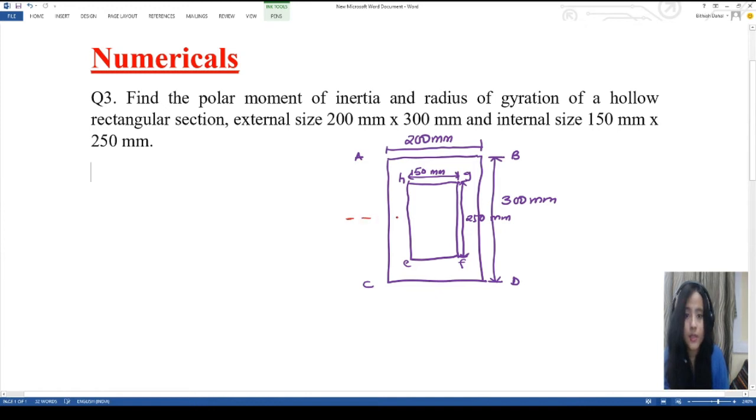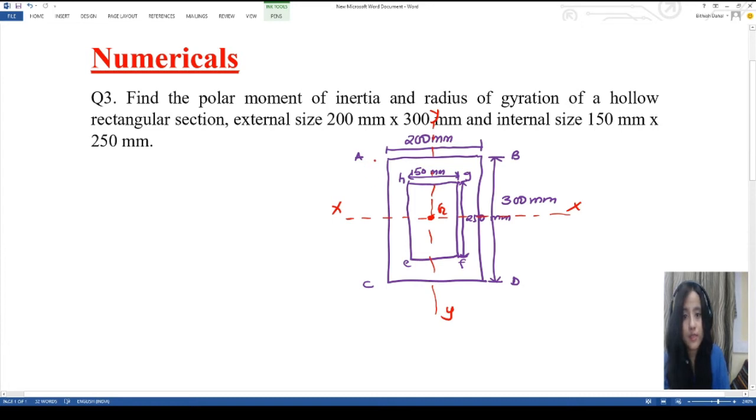X axis passing through this plane here, and Y axis passing from this plane here. So this one here is my centroid G. This is x axis, and this is my y axis, right?